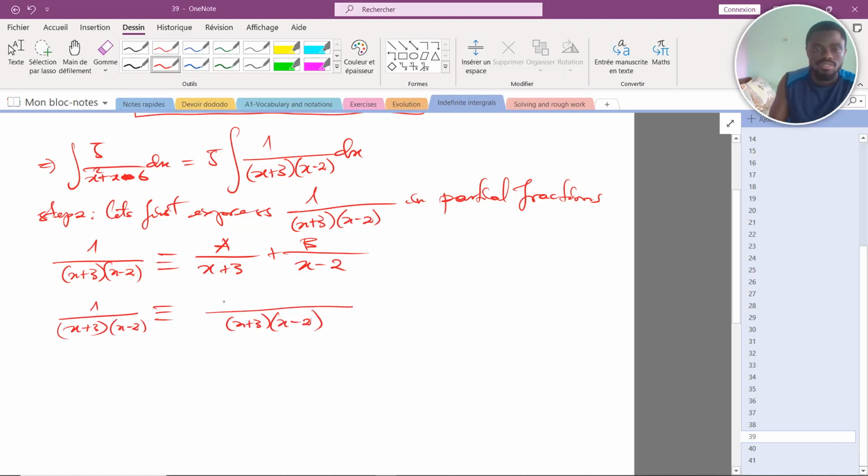So this divided by this will give A into x minus 2, plus B into what? x. This divided by this gives B into x plus 3. So you see that this fraction is identical to this fraction, but the denominators here are identical.